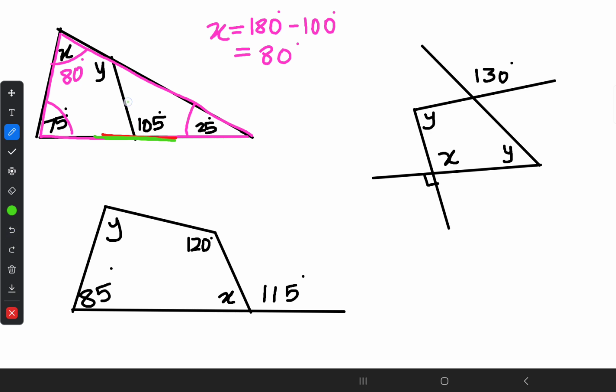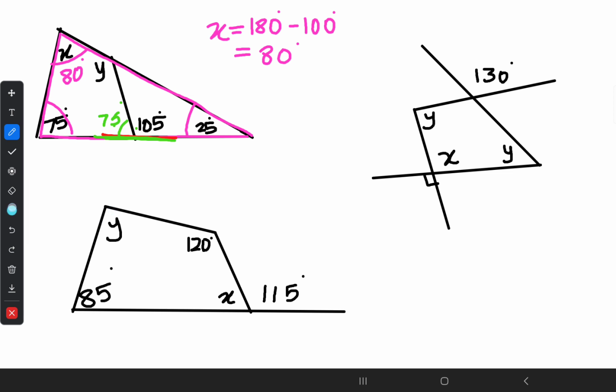We know the sum of adjacent angles on a straight line equals 180. Since one angle is 105, the other angle should be 75. That's how I found the angle as 75.